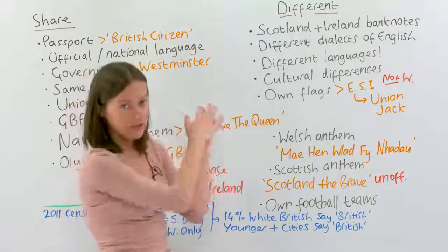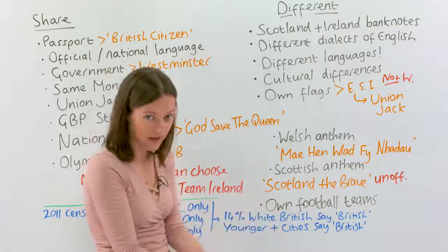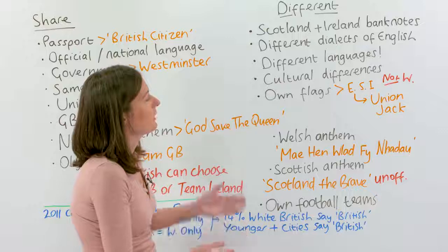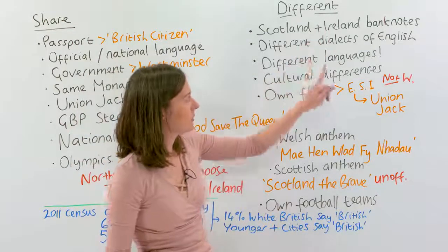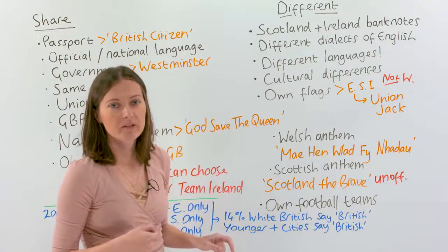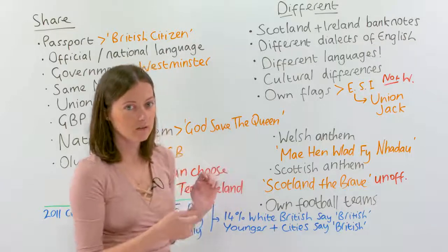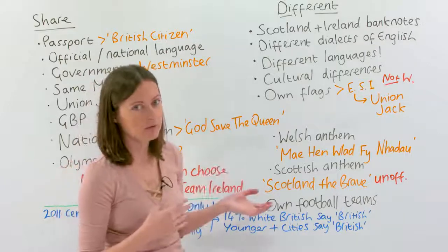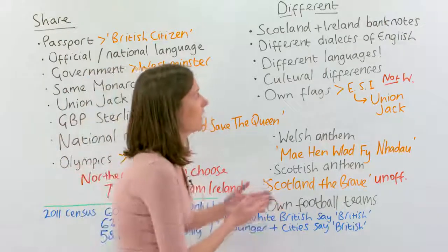So we share the same currency, Great British Pound sterling, but if you go to Scotland or Northern Ireland, they have different banknotes. So their money actually looks different, or some of their money. In Scotland, you'll often still see English money.